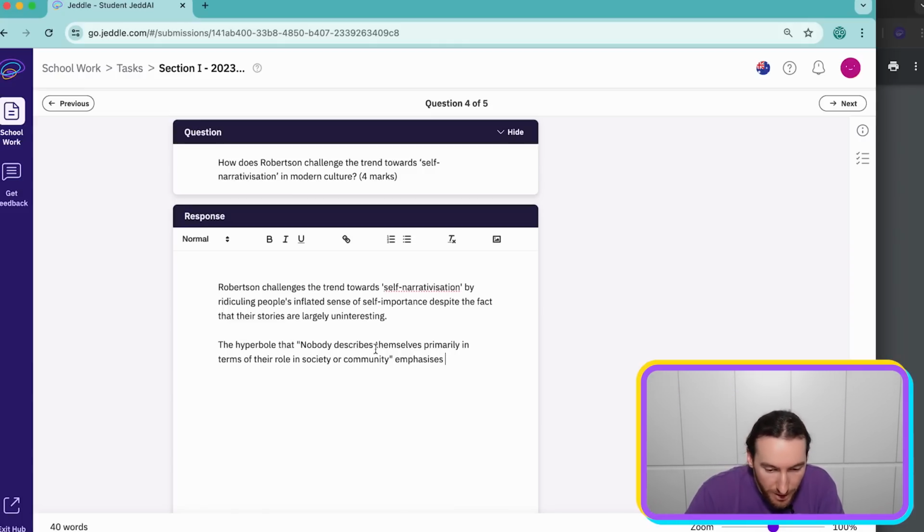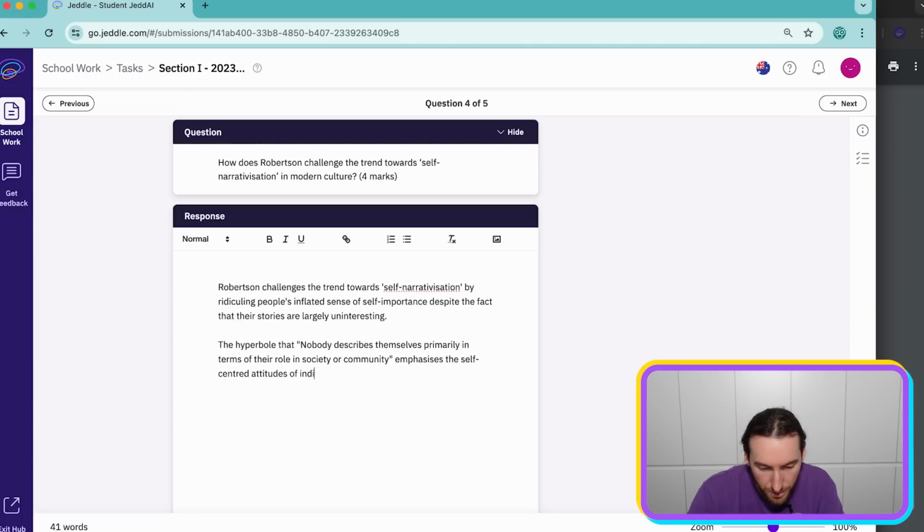The hyperbole that nobody describes themselves primarily in terms of their role emphasizes the selfishness or self-centeredness, I'll just say, self-centered attitudes. What about that?